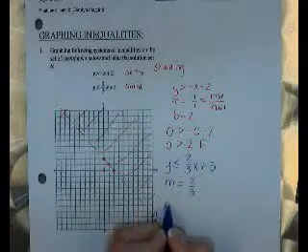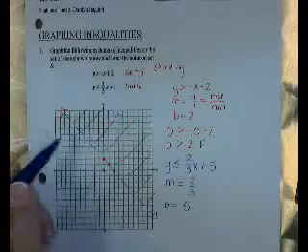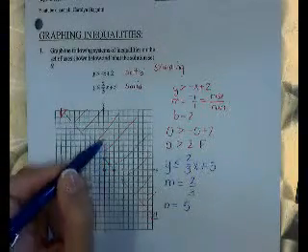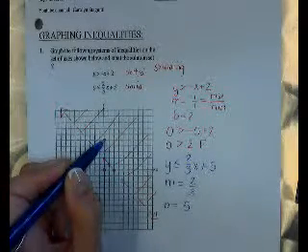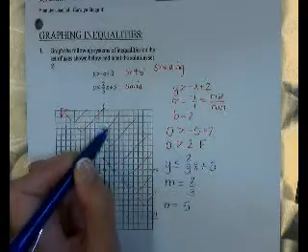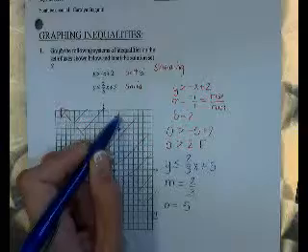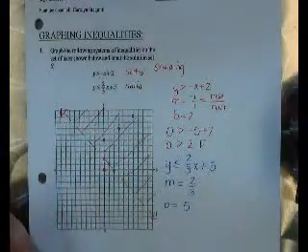My y-intercept is 5 in this case. So now I'm going to start at 5 on the y-axis: 1, 2, 3, 4, 5, my first point. To move to my next points, I'm going to go up 2, to the right 3, and let's do it again, up 2, to the right 3. We want to have at least 3 points to graph our line.